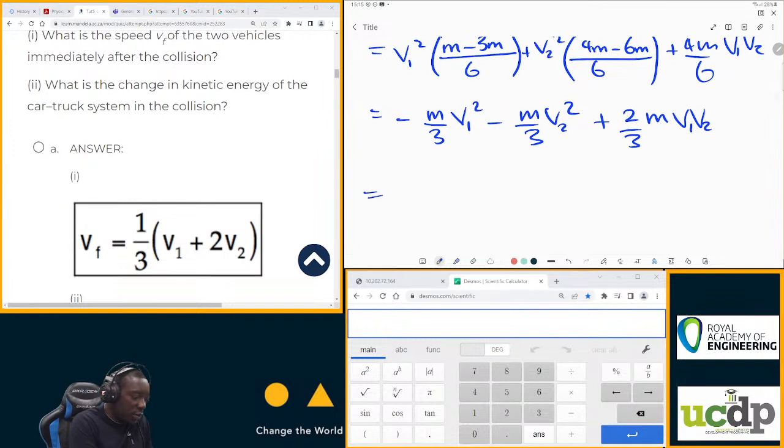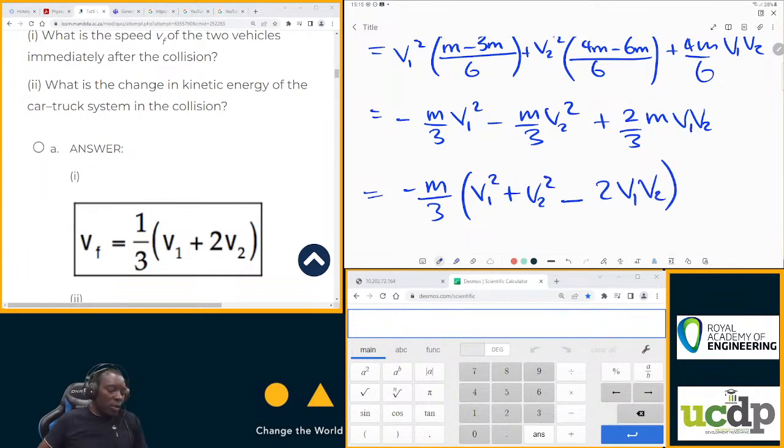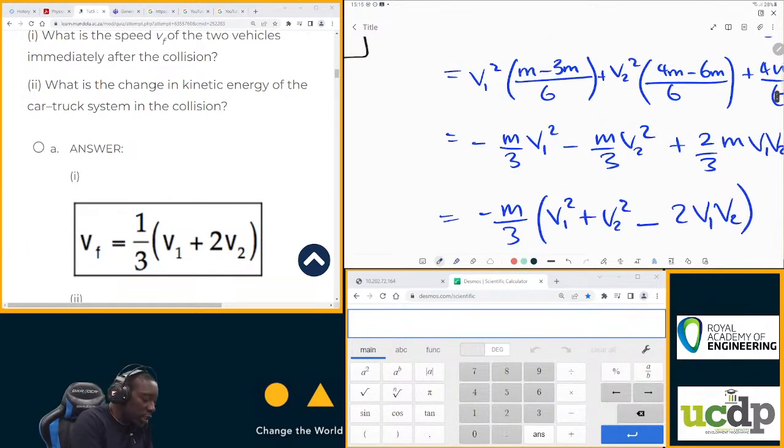So we can factor out negative m over 3 (V1 squared plus V2 squared minus 2 V1 V2). So that's the expression for the change in kinetic energy, delta KE.